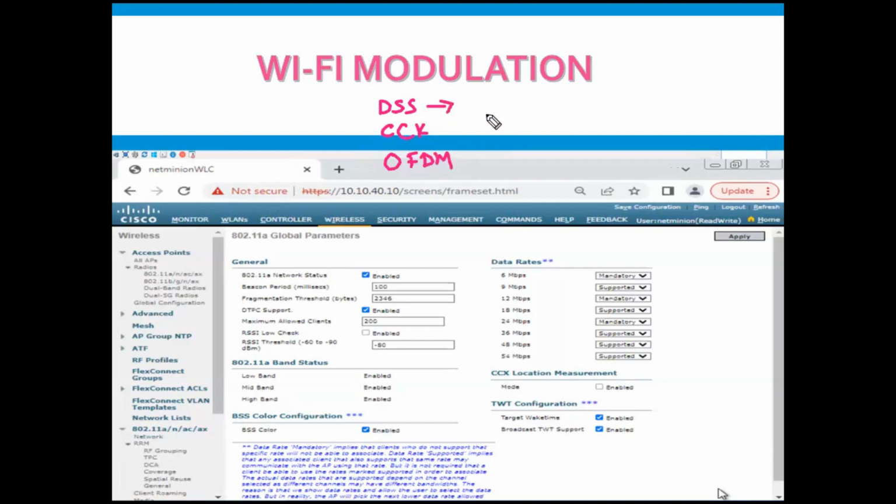With DSS, we can have either 1 Mbps or 2 Mbps rate. But in case of CCK, it can go up to 5.5 or 11 Mbps only. Whereas for the newer versions, even more than that, OFDM is able to handle.